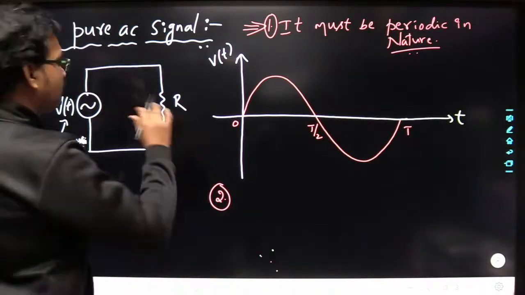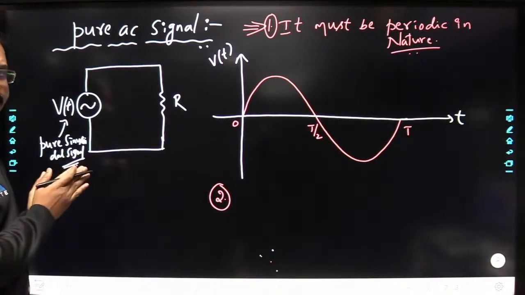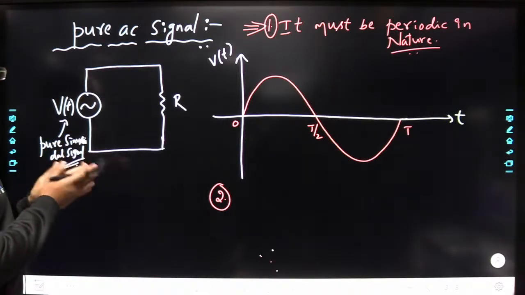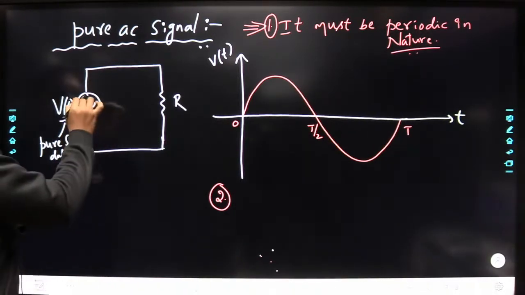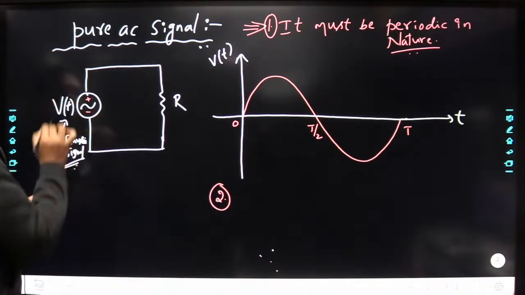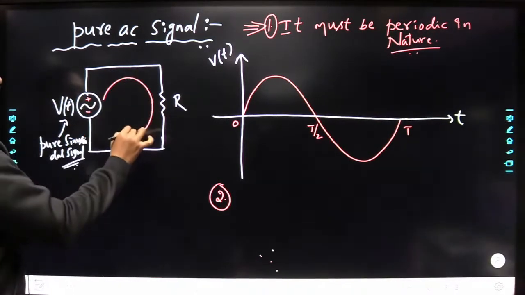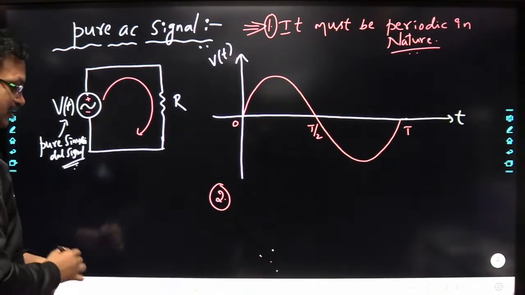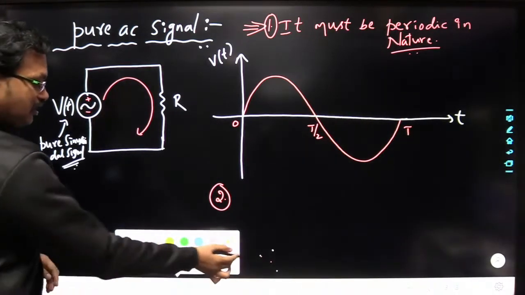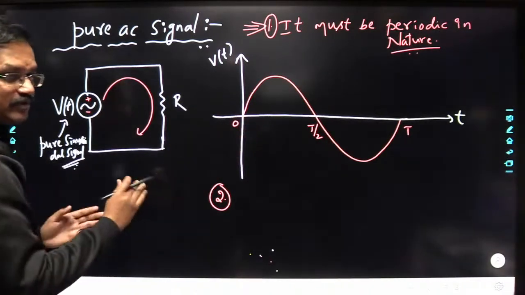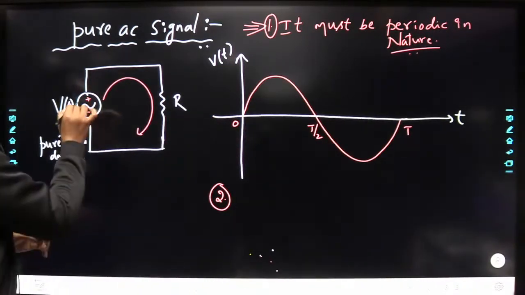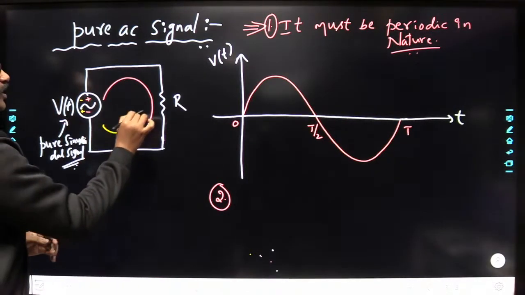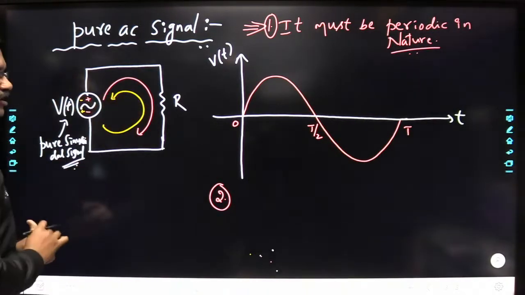If you consider the voltage signal here, it is going to change its polarity. Initially if it is plus and here minus, it is going to pump the current in the clockwise direction. After half a period, its polarity is going to change, and it is going to pump the current in the anti-clockwise direction.